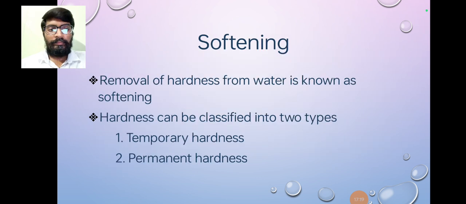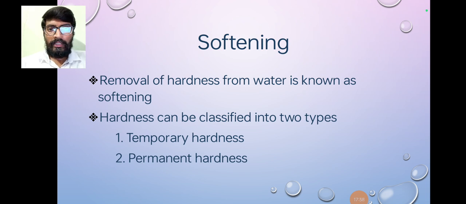The last stage is softening. Softening is the process of removal of hardness from the water. Hardness can be classified into two types: temporary hardness and permanent hardness.